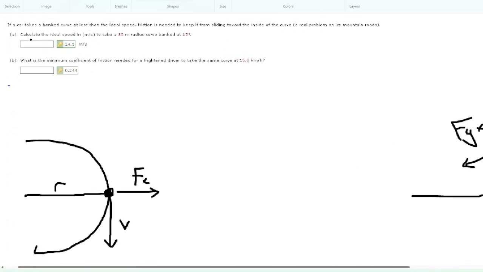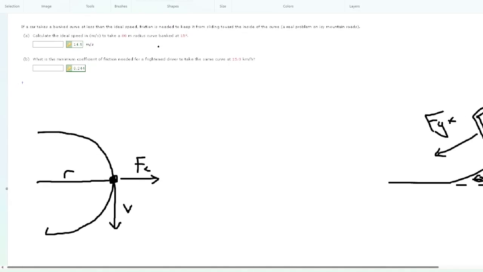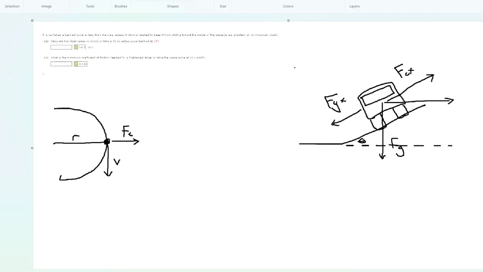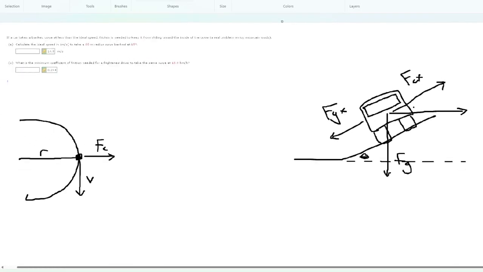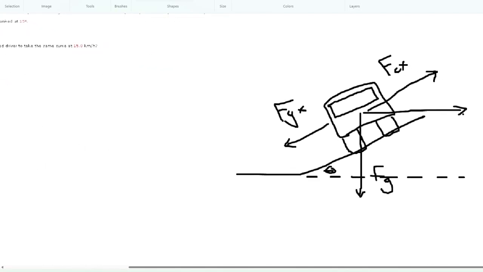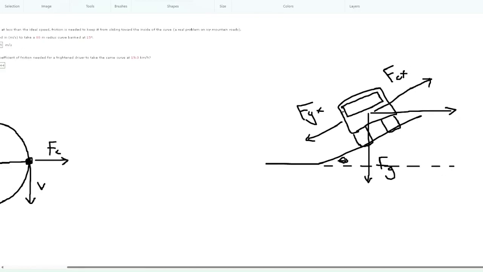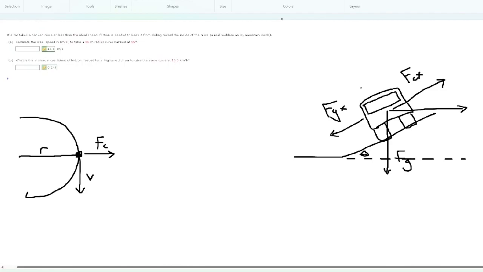So calculate the ideal speed in meters per second to take an 80-meter radius curve banked at 15 degrees. So ideally, you're going fast enough that you are not sliding downwards and you're not sliding upwards. So these are equal.